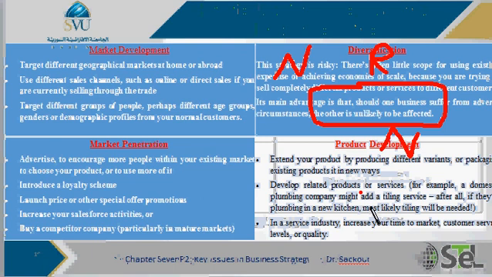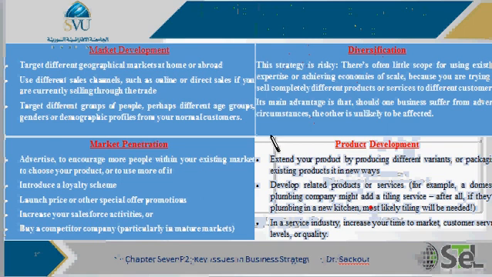These are some of your strategies or activities; I will just mention some of them. For example, in market development, you use different sales channels, such as online or direct sales, and target different and new groups.